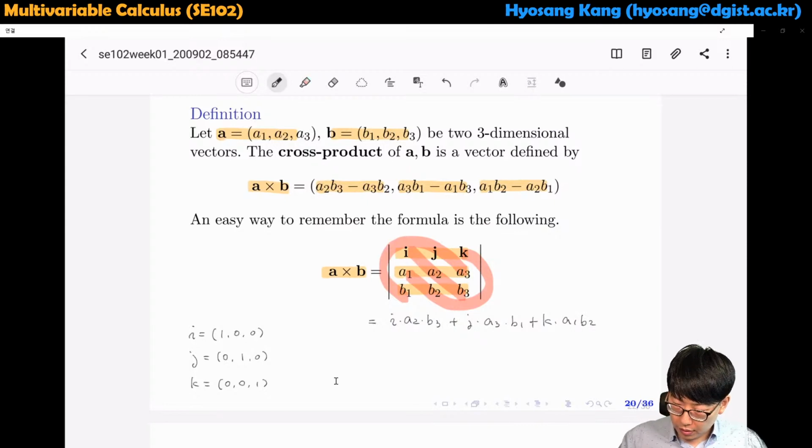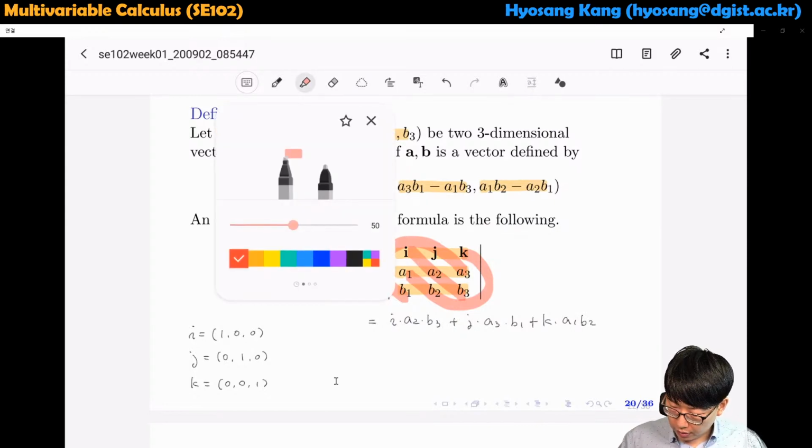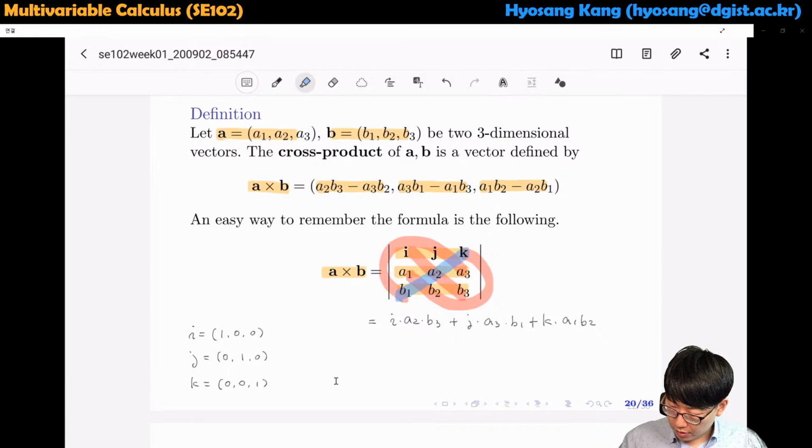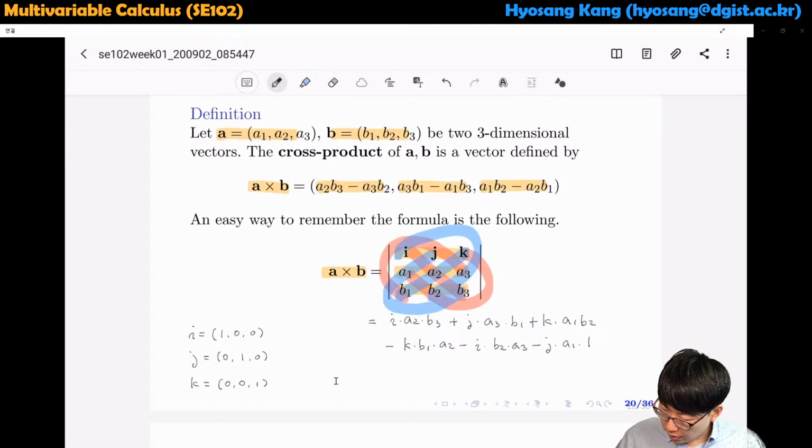And then let's take the negative parts: minus k times B1 times A2, minus i times B2 times A3, minus j times A1 times B3.